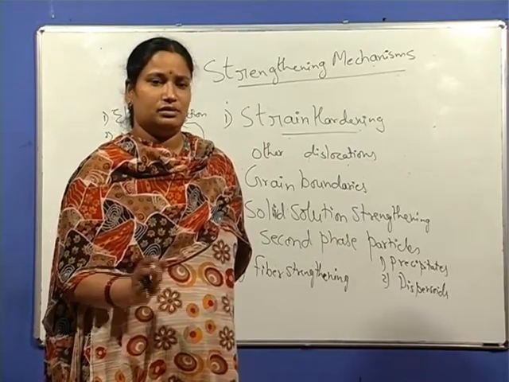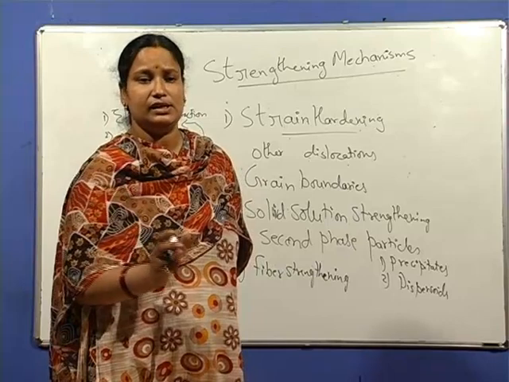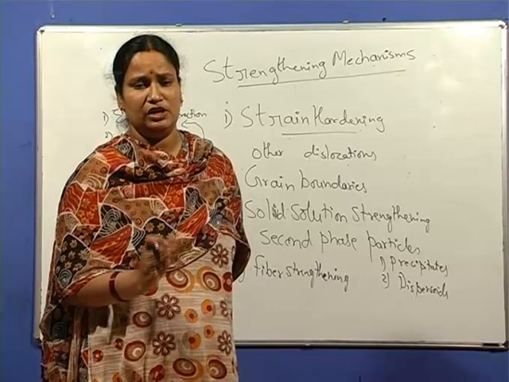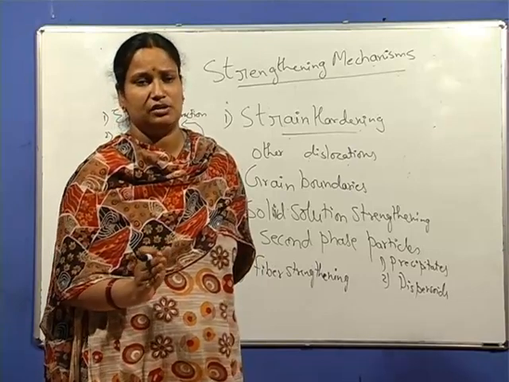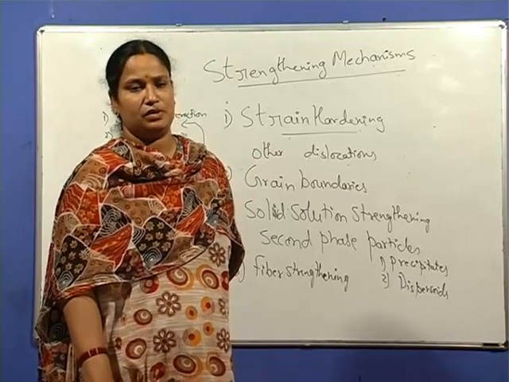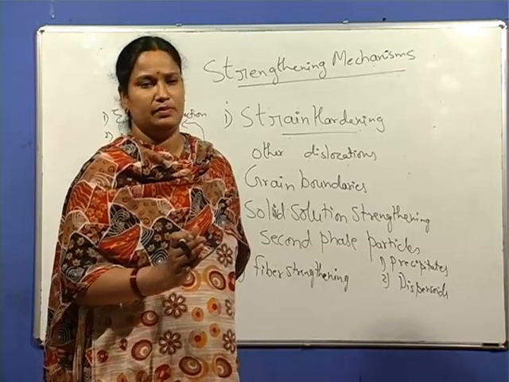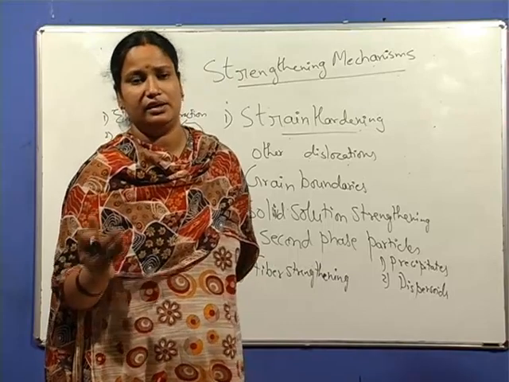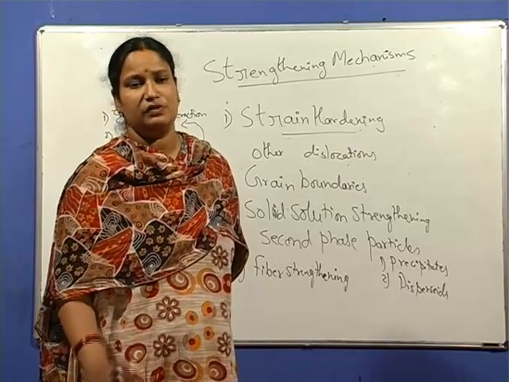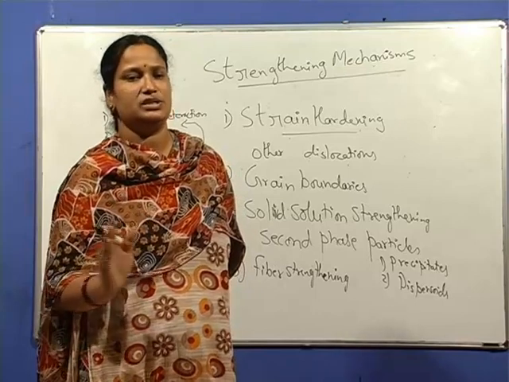These distortions hinder the motion of both edge and screw dislocations in the case of interstitial solute elements, whereas substitutional solute elements, which cause only spherical distortion, hinder only the edge dislocations. More distortion is caused by interstitial solute elements, thereby greater hardening when compared to substitutional solute elements, which cause less distortion and thereby less contribution to hardening.